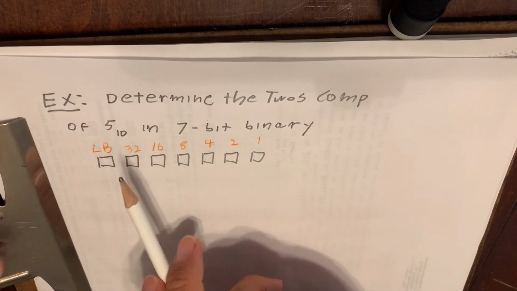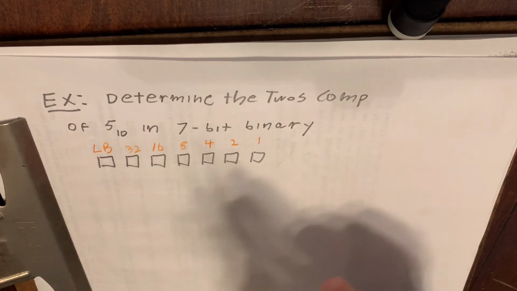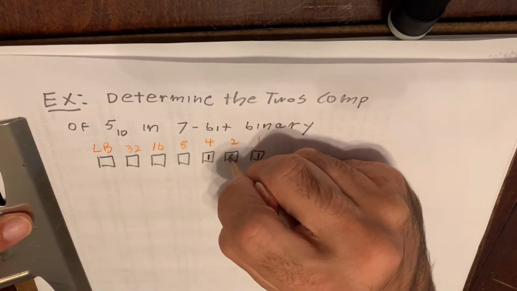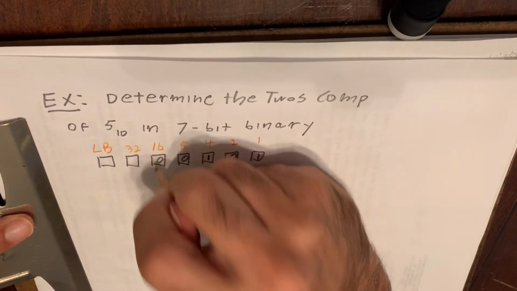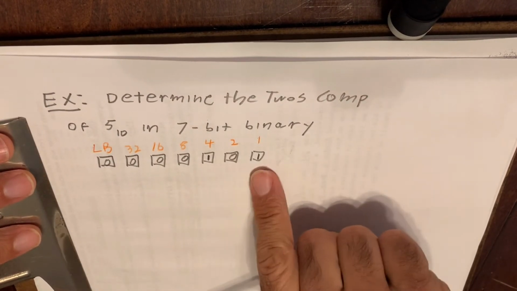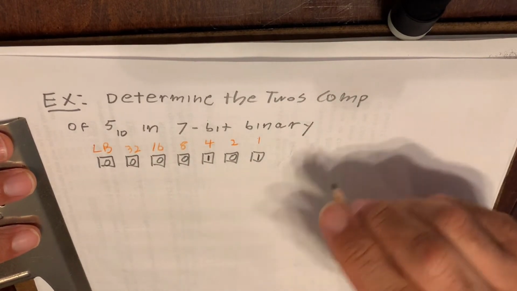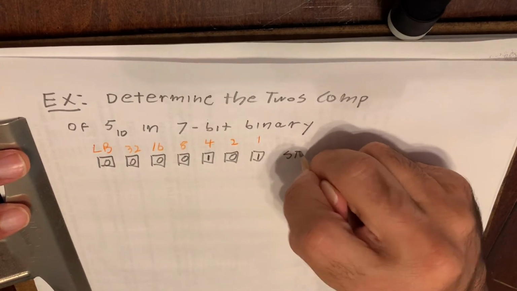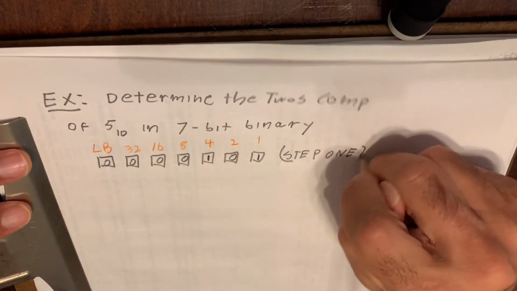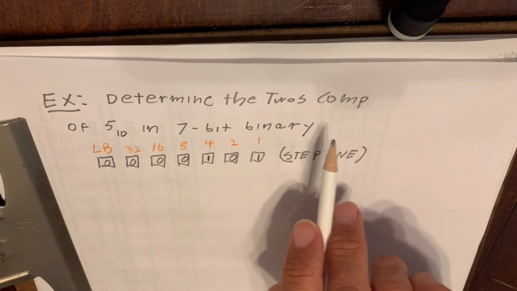So if we want to encode 5 base 10 in 7-bit binary, we're going to take a 4 and a 1 is 5, and everything else is 0. So this is 5 in binary. So this is really step 1, which is just encoding this 5 into binary. But we don't want 5, we want the 2's complement of 5 base 10.